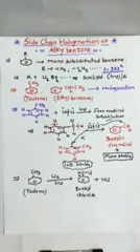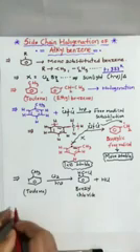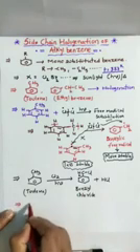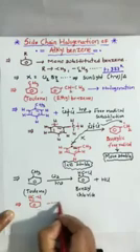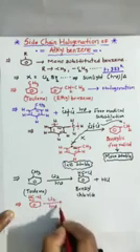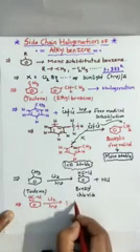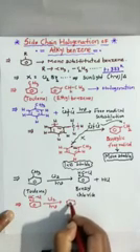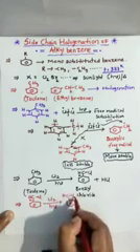If you pass further chlorine, look here, we got benzyl chloride. If you pass further chlorine in the presence of sunlight, one more hydrogen atom is substituted, then you are getting CHCl2.